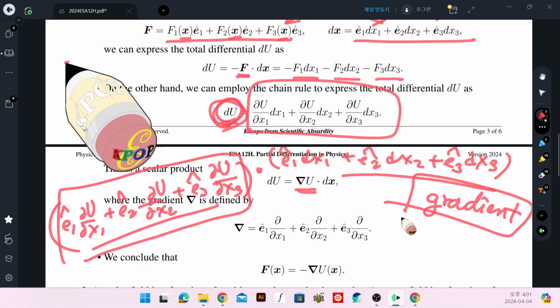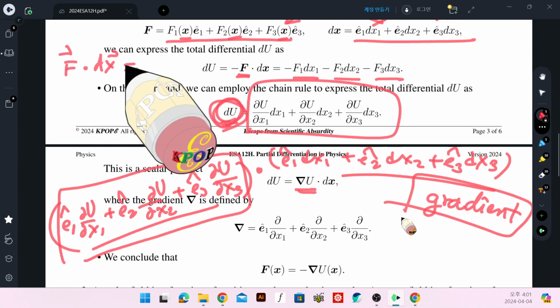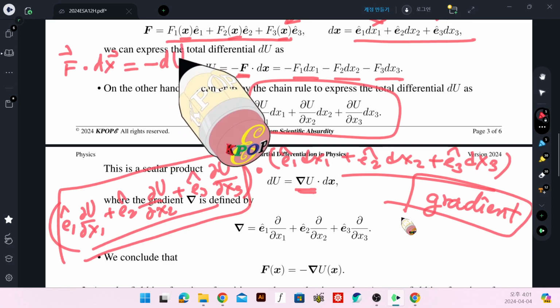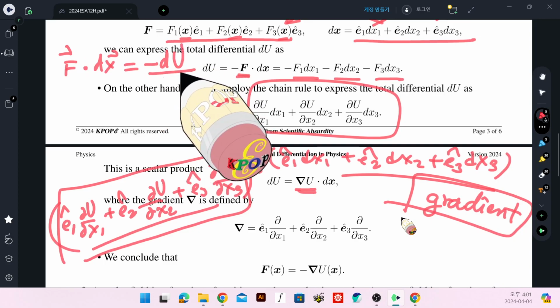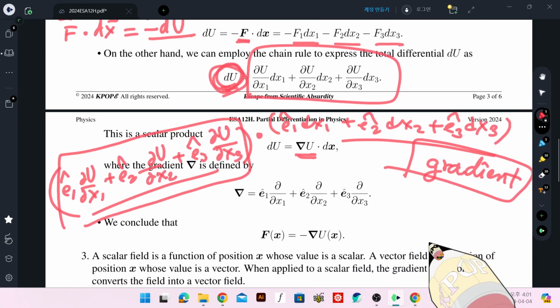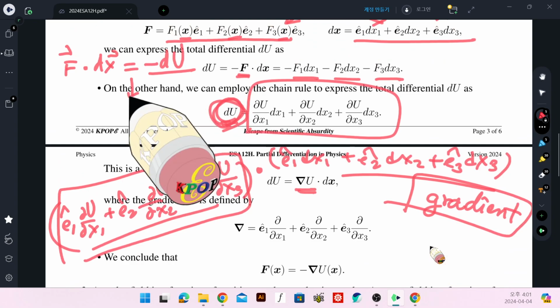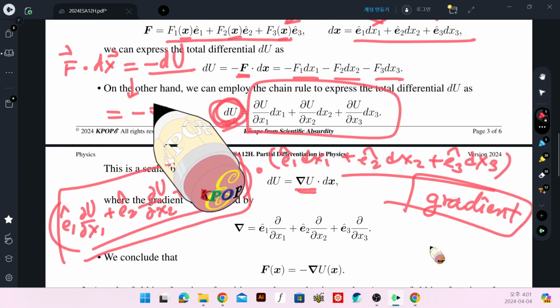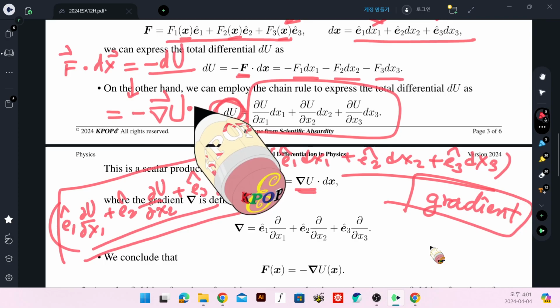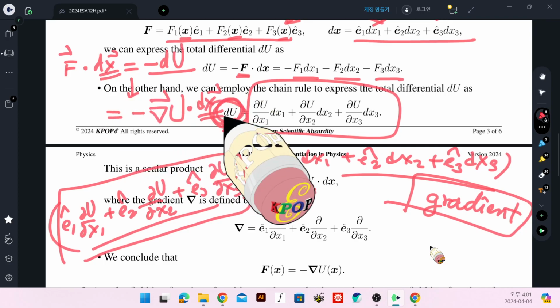You find force times the displacement as a scalar product is minus the total differential of the potential energy. And what we have found is that this is nothing but minus the gradient of u dot dx. And this dx is arbitrary.